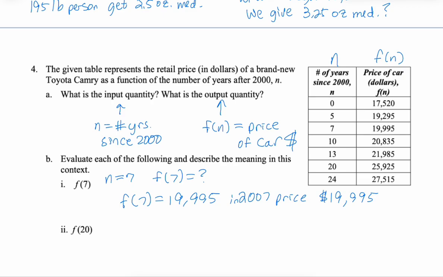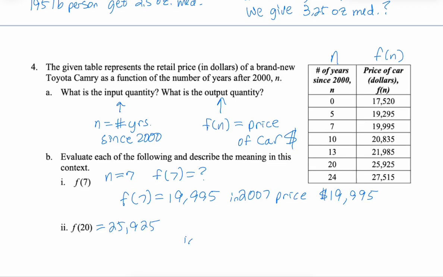The price is $19,995. So for this one, first let's get the answer out of the chart. The answer is $25,925. And what does that mean? Well, in 2020, the price is $25,925. So the price for the car is $25,925.